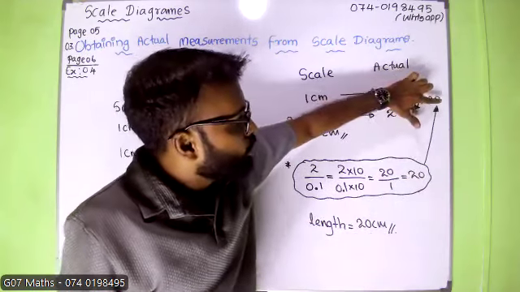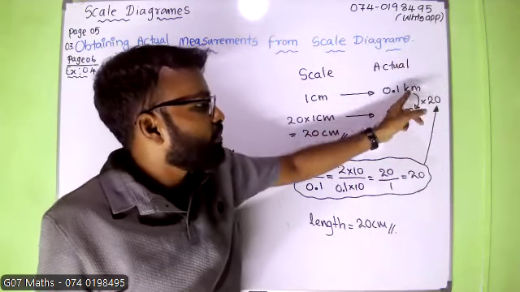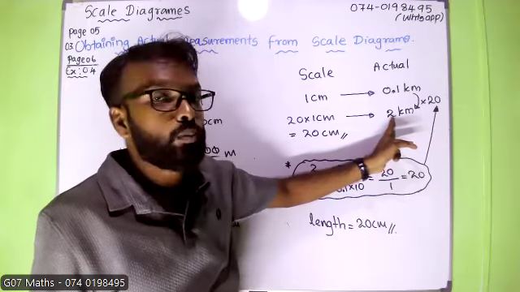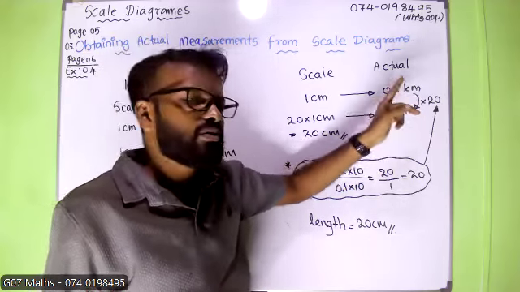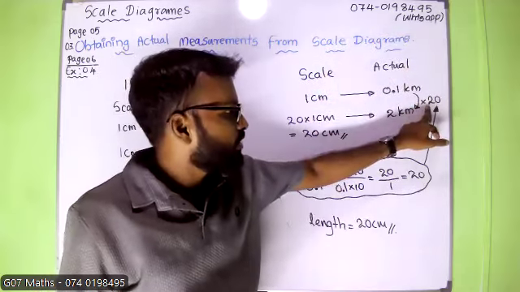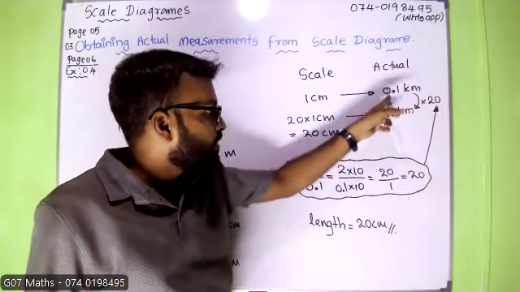If you want to obtain the multiplier, which number should I multiply 0.1 by in order to get 2 kilometers? In order to find this, you are going to divide 2 by 0.1.